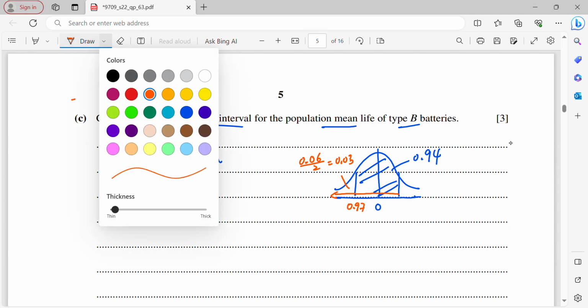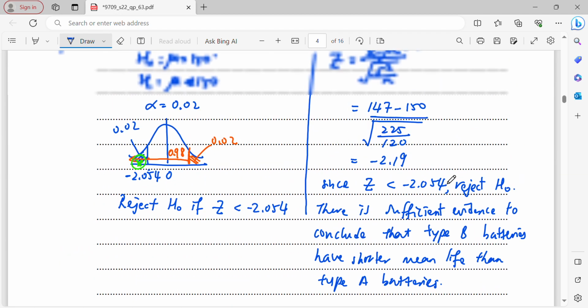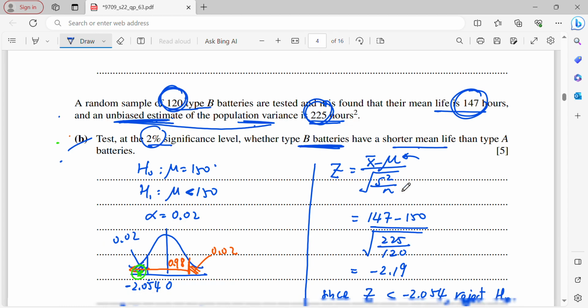So the critical value from the table is 1.881, and this line is going to be negative 1.881. Then use back the X bar from the previous question. The X bar is 147, the variance is 225, and the N is 120.